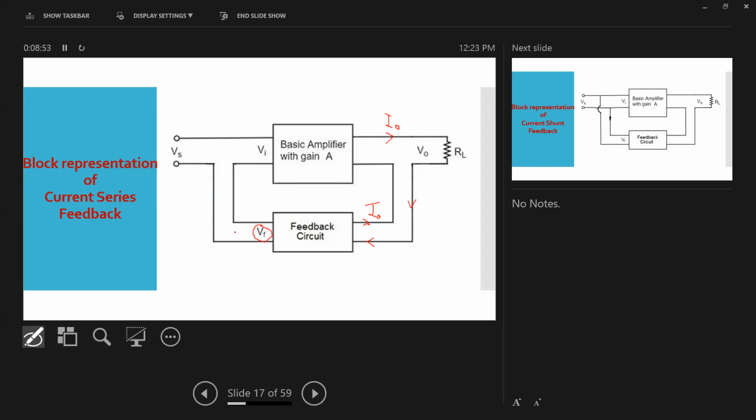Though you have taken the feedback as a current, I0, the value you are going to add on the input side will be in the form of voltage. But that voltage will be proportional to the output current. In previous cases, your VF was proportional to V0. Here your VF is proportional to I0. And that's why we call this a current feedback.